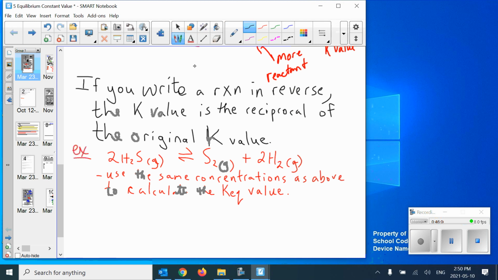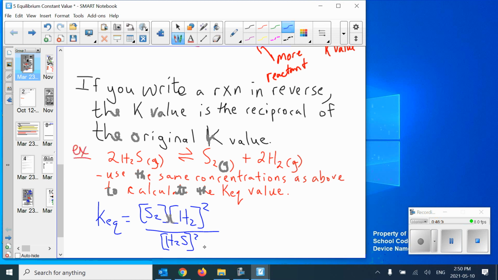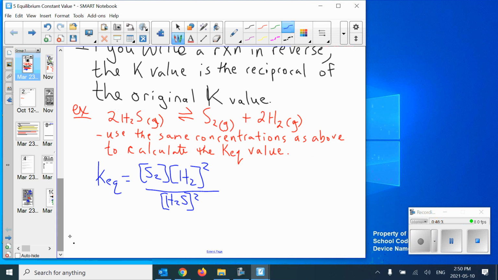Well, let's do this. So when I do that, K equals, now the product over the reactants is totally opposite. That's H2 squared on the top, H2S on the bottom, but squared. So I'm taking this new one, right? I do my concentrations.